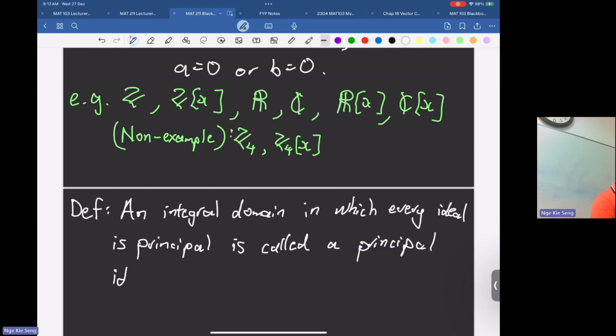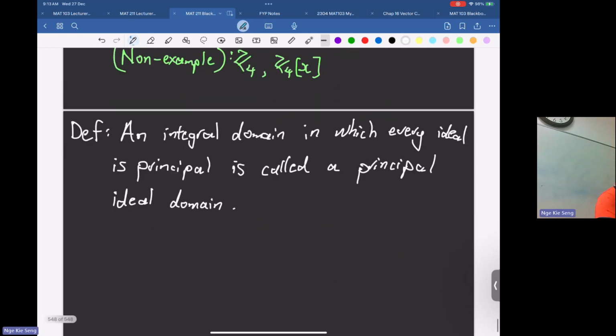Last time we talked about rings that have only principal ideals. So what is a principal ideal domain? Sometimes we write it as PID.